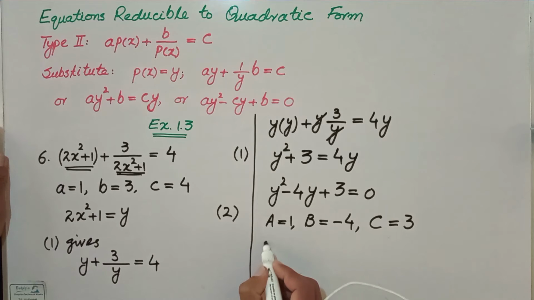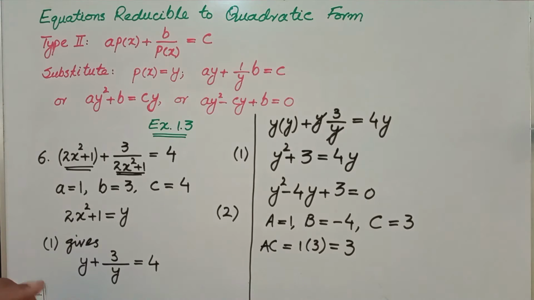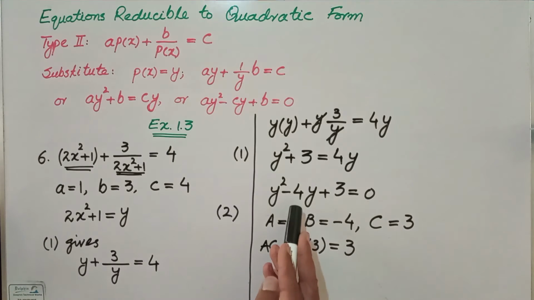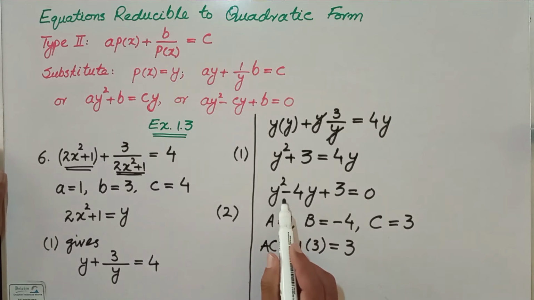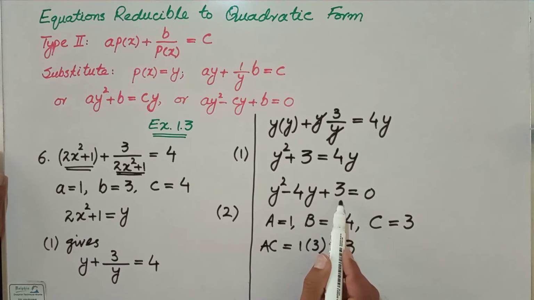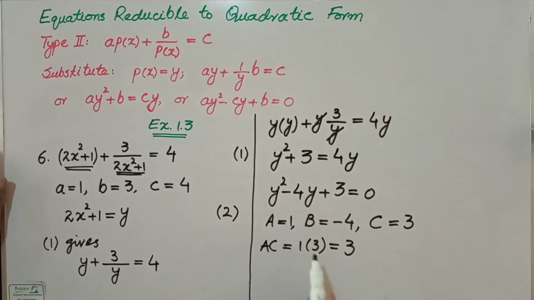Now AC is equal to 1 into 3, which is 3. Now we'll find two numbers whose sum is minus 4 and the product is plus 3. Since the sum is negative and the product is positive, we have a positive product when the sign of the two numbers is the same. In this case, we must have both the numbers negative because the sum must be negative.